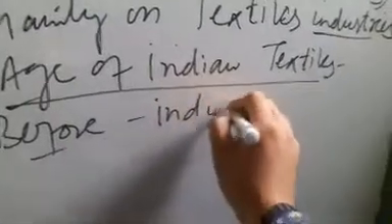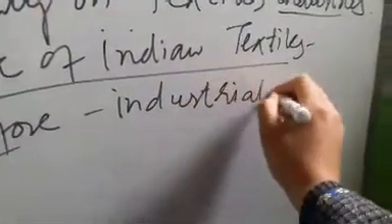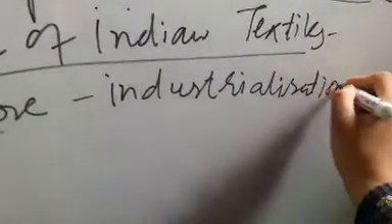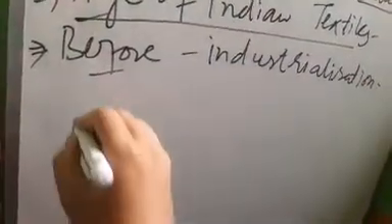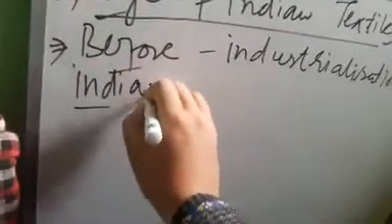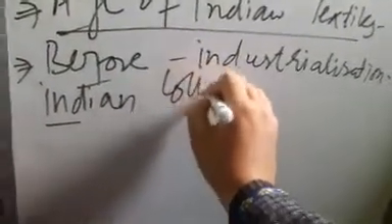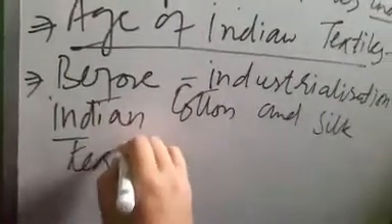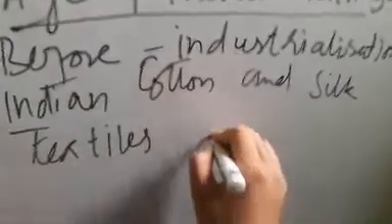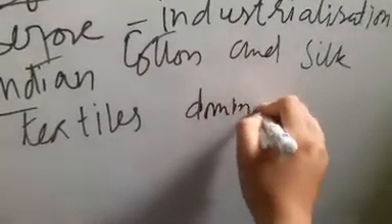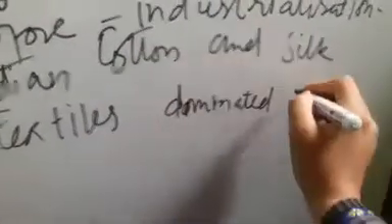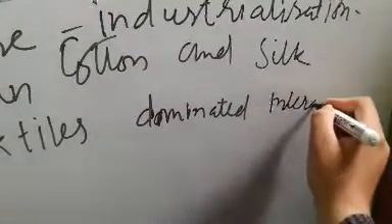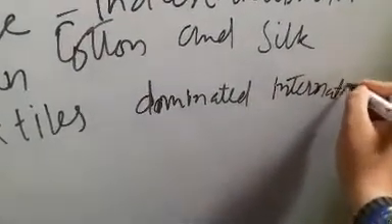Before industrialization, Indian cotton and silk textiles had dominated international trade. They had dominated the international market.